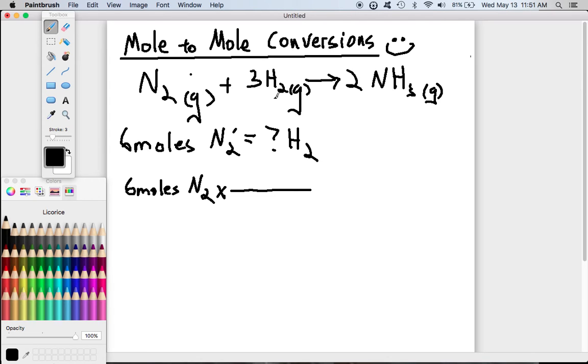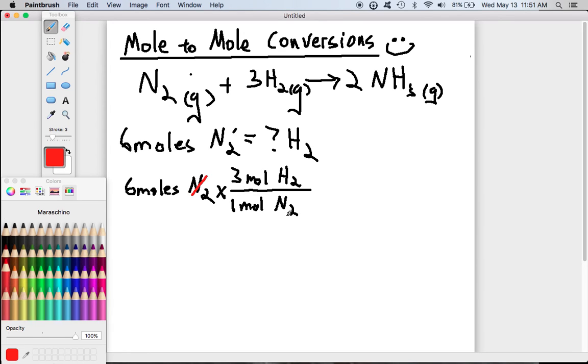And the mole ratio between nitrogen and hydrogen is, well, 1 mole of nitrogen needs 3 moles of hydrogen. If I had 1 mole of nitrogen, I require 3 moles of hydrogen to do my reaction.